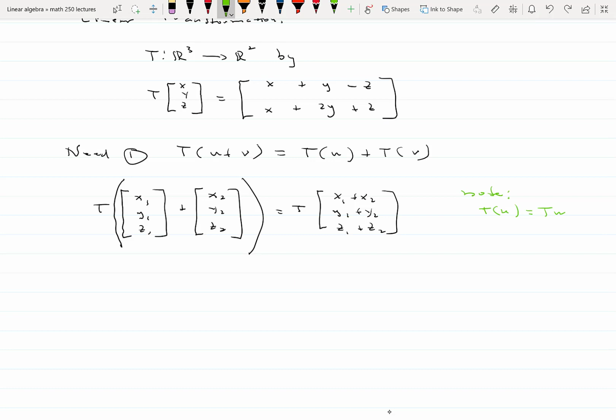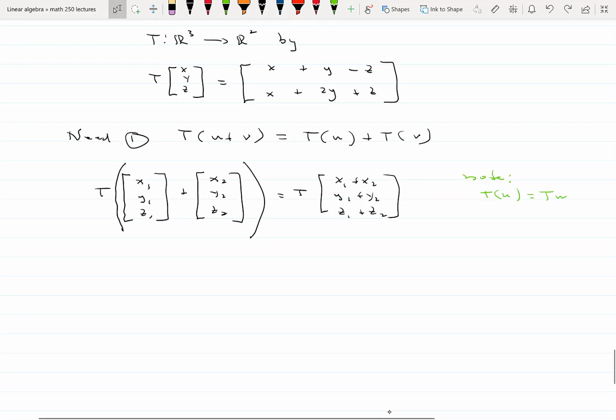Okay, so onward. So let's see if we can get this first property to hold true. Well, we now have the operation that the transformation is defined as at our disposal. So let's see what T takes this x1 plus x2, y1 plus y2, and z1 plus z2 into. Well, T takes x, y, z into the column vector x plus y minus z: first component plus second component minus third component.